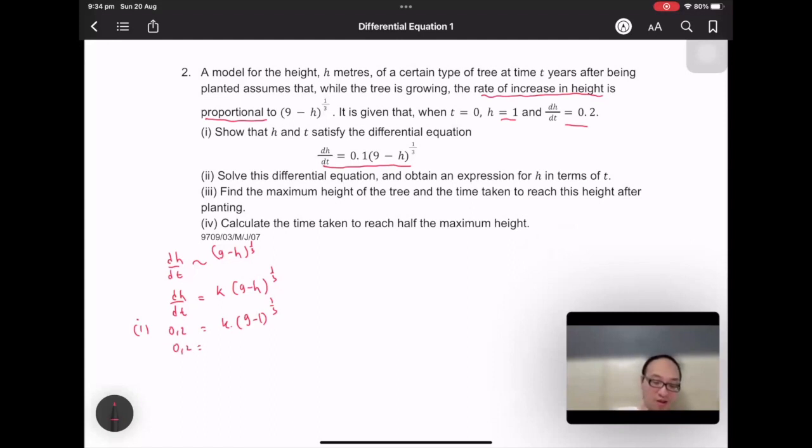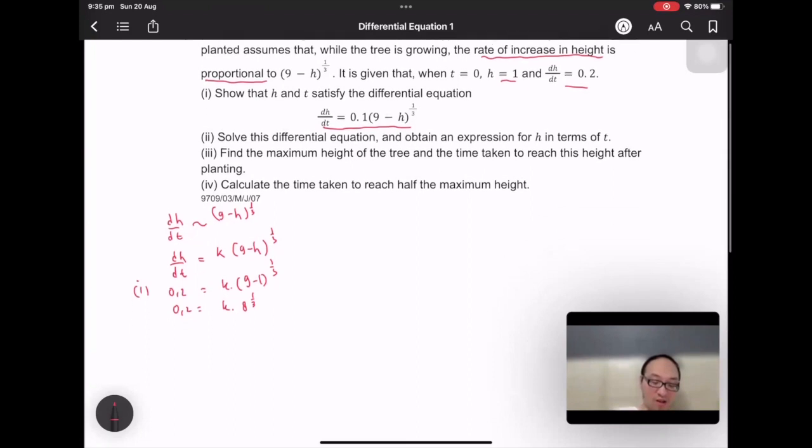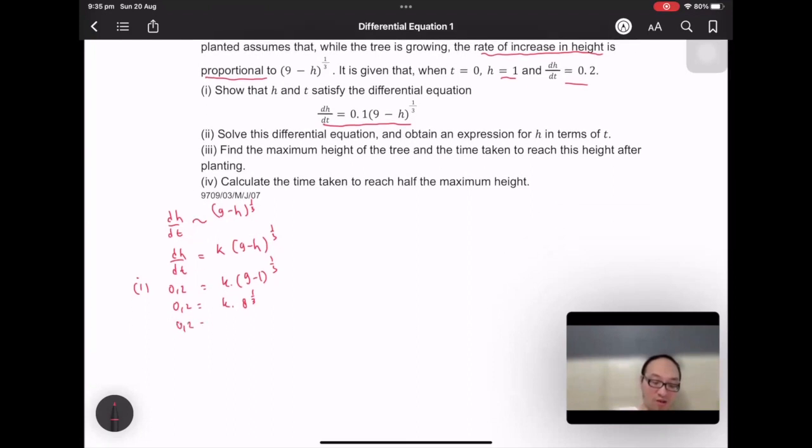So 0.2 is k times 8 to the power of 1/3, which is 2. So k is 0.1. That means dh/dt will be equal to 0.1 times (9 minus h) to the power of 1/3. Okay, sure. That's for the first one.